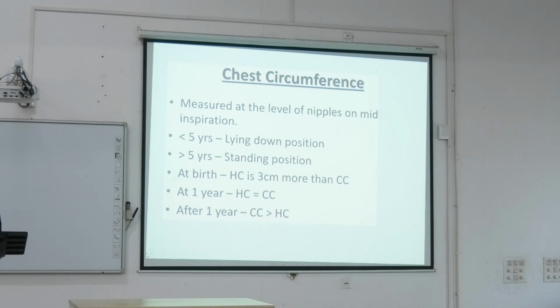In my last class, I told you about body proportion and how it changes. So the head size is more than chest circumference at birth, and then at 1 year it becomes equal to chest circumference. And after 1 year, the chest circumference will increase more than head circumference. We measure it at the level of the nipple, till 5 years in the lying down position and after 5 years in the standing position.